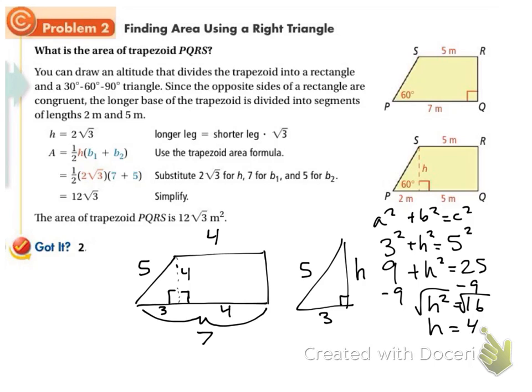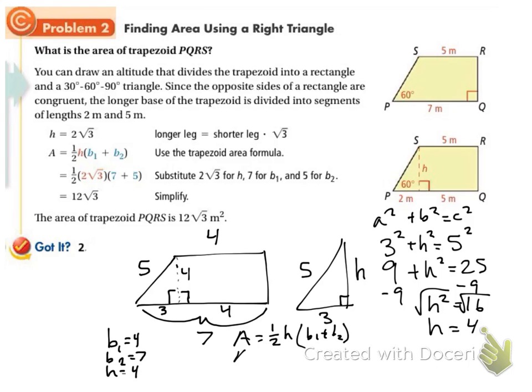So now I've got a trapezoid with base 4, base of 7, and a height of 4. So my base 1 is 4, base 2 is 7, and my height is 4. And now I can plug it in. So A equals 1/2 h times b1 plus b2.